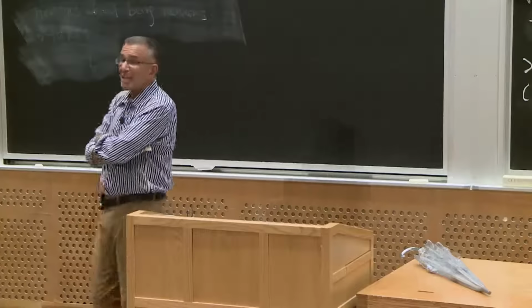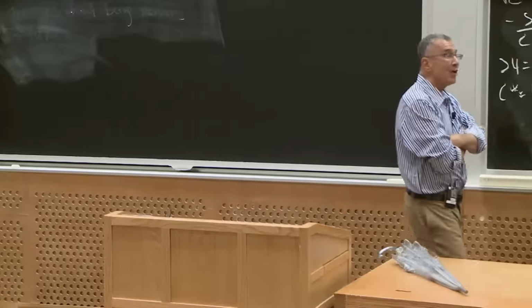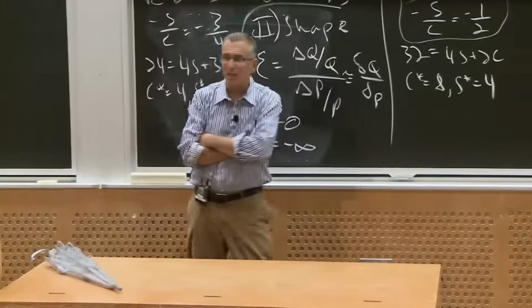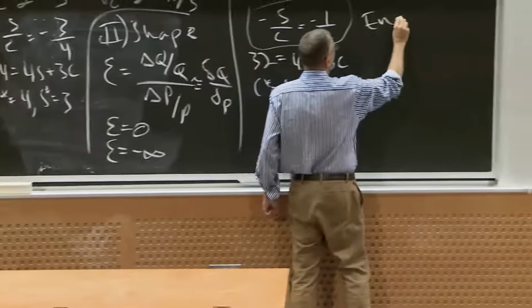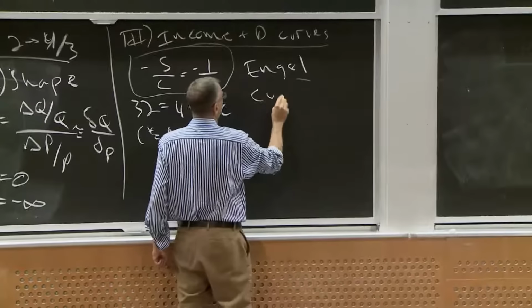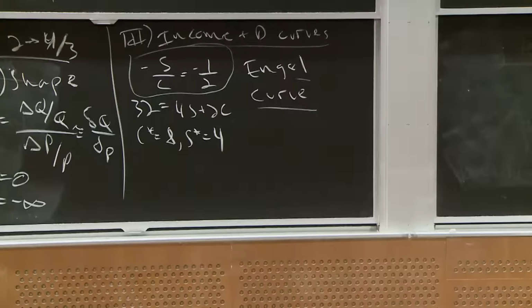What does that lead us to? That leads us to a relationship now between your income and the quantity demanded. And that relationship is shown in the second panel of figure 4.4. We call this the Engel curve, which is the name for the relationship between income and quantity demanded.